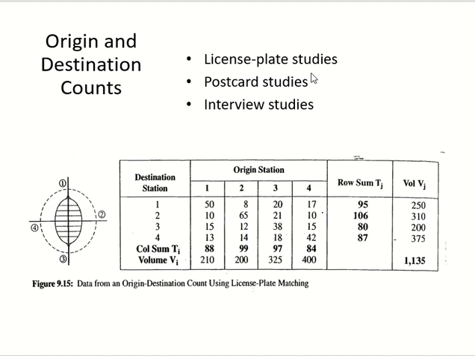Not everybody will answer your questions. In the interview studies, the questionnaire is even longer, so even fewer people will answer you. So the data which you collect from any of these methods is not the complete data. You have missed a lot of people. So it's just a sample. The numbers which you see in the matrix are just a sample.